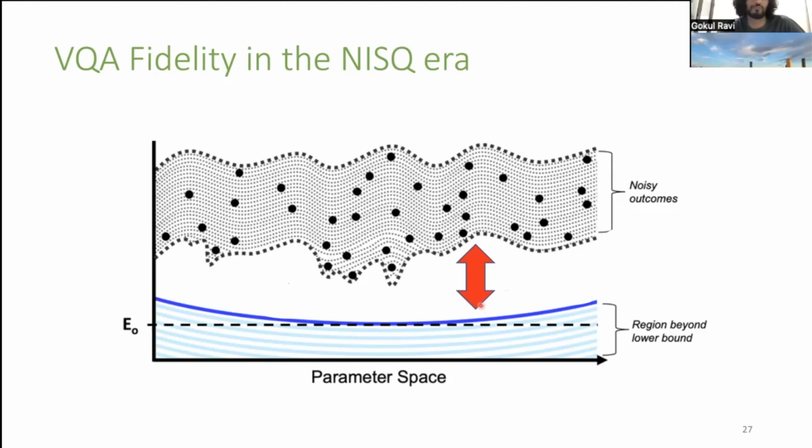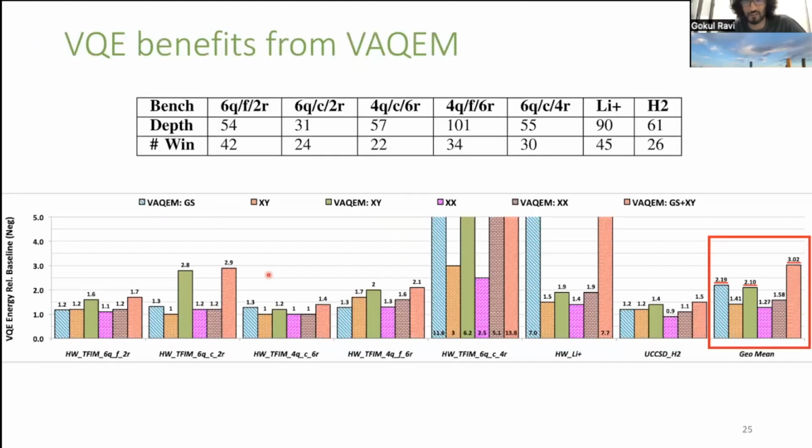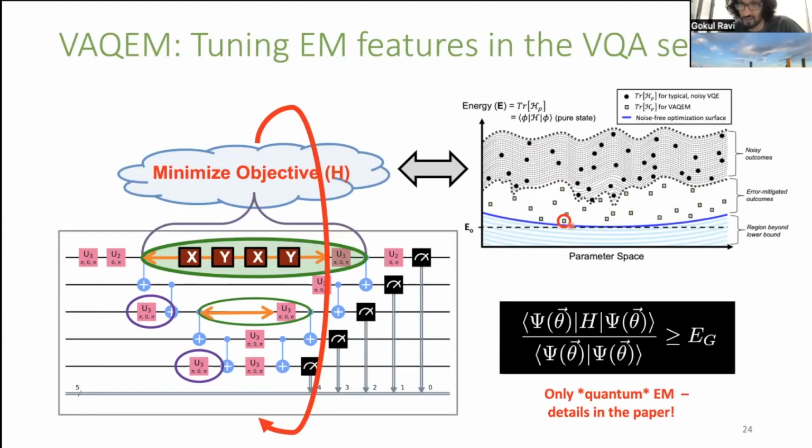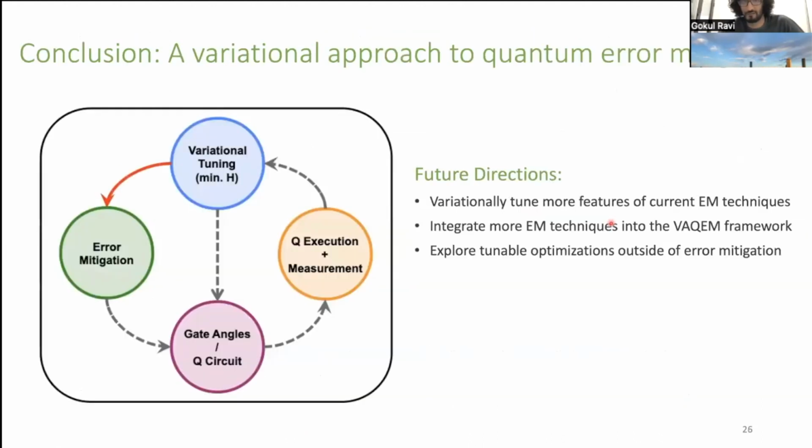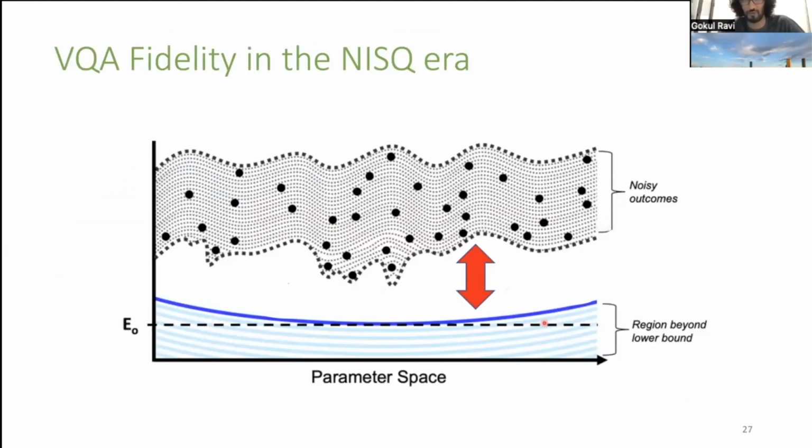But it should be noted that with the kind of machine quality we have today and possibly in the near future, it can only get us so far. While the cartoon illustration showed this green square getting us really close to this dark blue line, ideally we are maybe coming somewhere in the middle, right? So we still need other techniques, potentially beyond error mitigation, to get to this dark blue line itself.